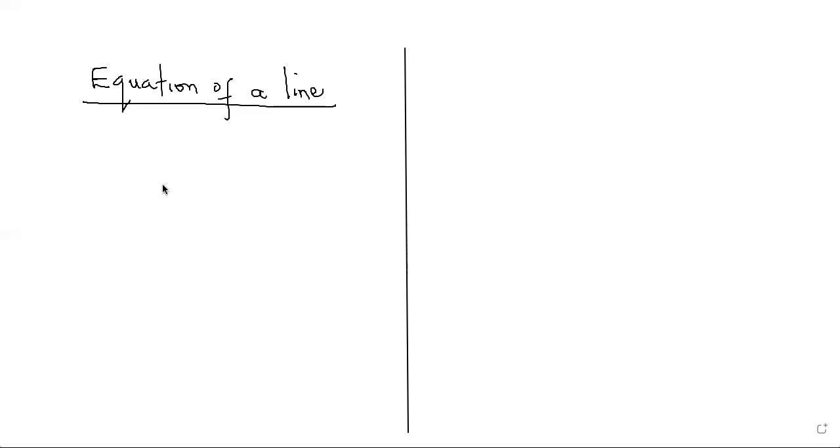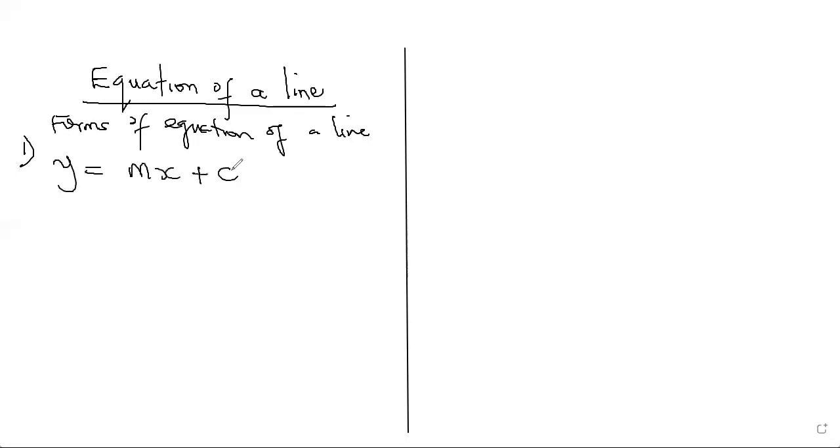Before we go into examples, I would like to write the different forms of the equation of a line. I think the commonest one is y equals mx plus c.